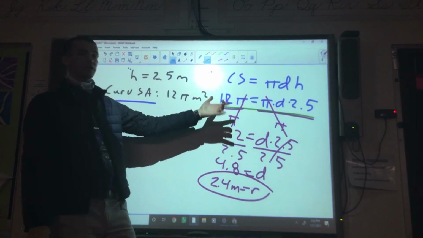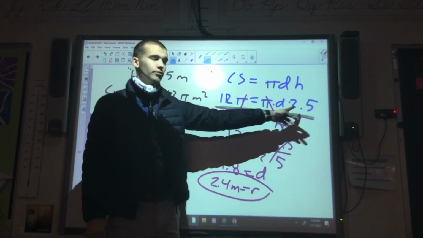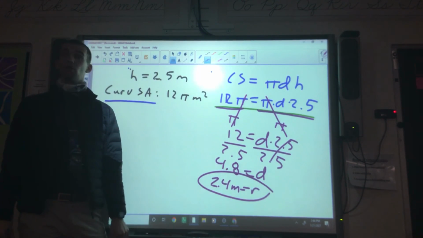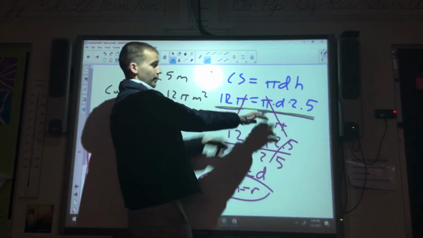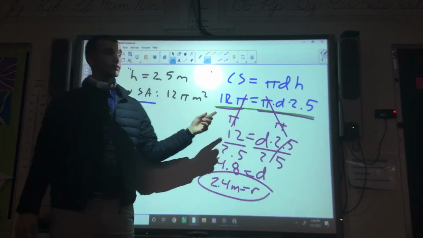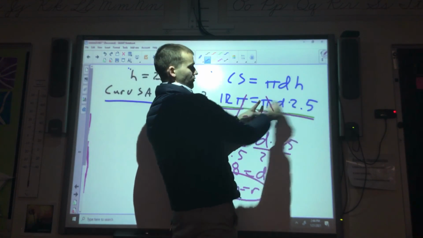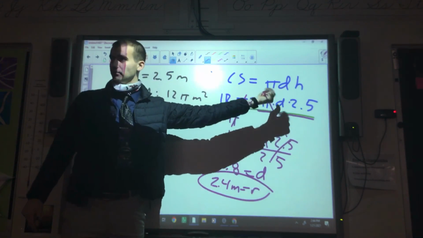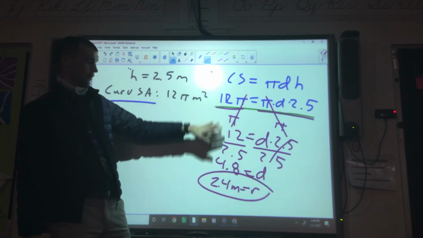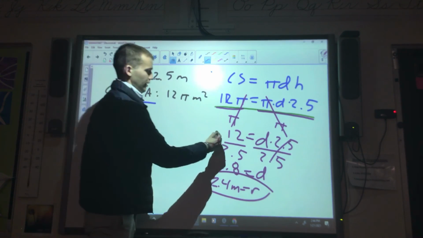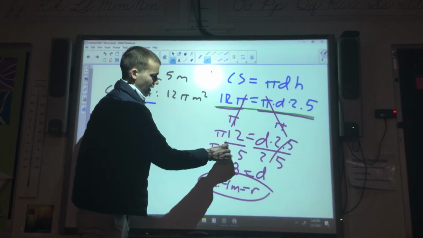Would you have gotten a different answer if you actually would have multiplied 3.14? No, you wouldn't have, because the 3.14 basically would have undone itself still. You would have gotten 3.14 times 2.5, and then you would have divided by whatever 3.14 times 2.5 is over here. It's an extra pi right here, an extra pi right here.